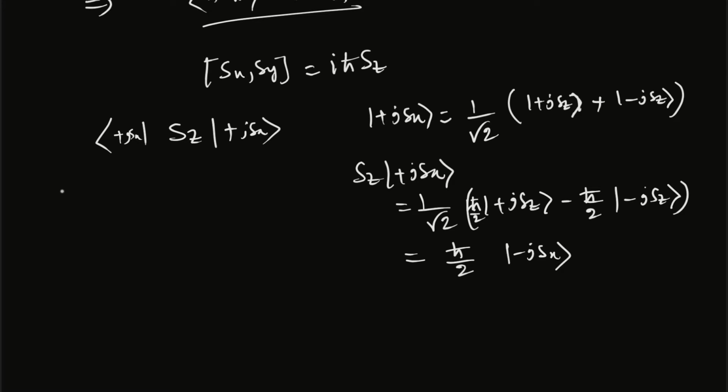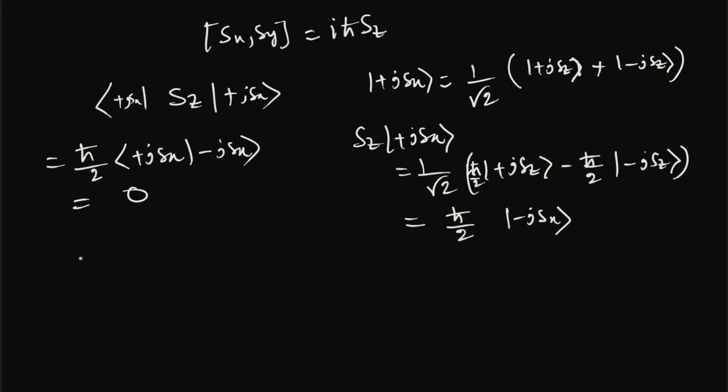So from here we will get ħ by 2 times (⟨+x|+x⟩ − ⟨+x|+x⟩), which is 0. And the square of 0 will be again 0.